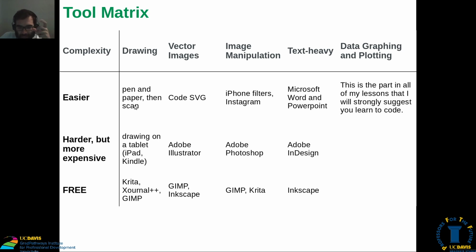Take a picture of it, scan it. Vector images, you can code SVGs. Let's not do that, but you can, and that's relatively easier for some people. Doing image manipulations, you can do iPhone filters or Instagram. You don't need to worry about programs anymore. You do them really quickly. A lot of people use this on a daily basis. They're easy to use and friendly.